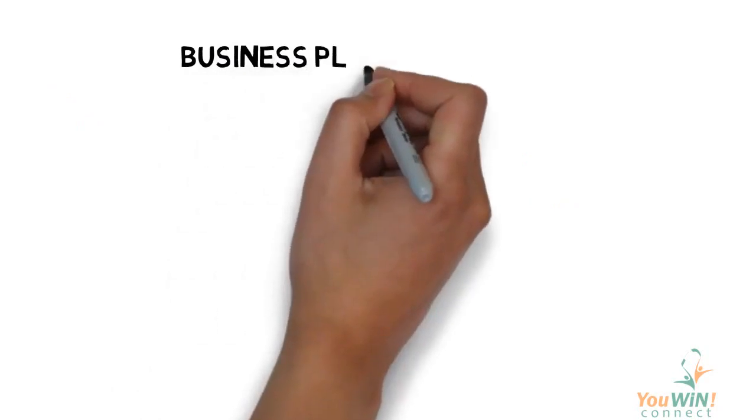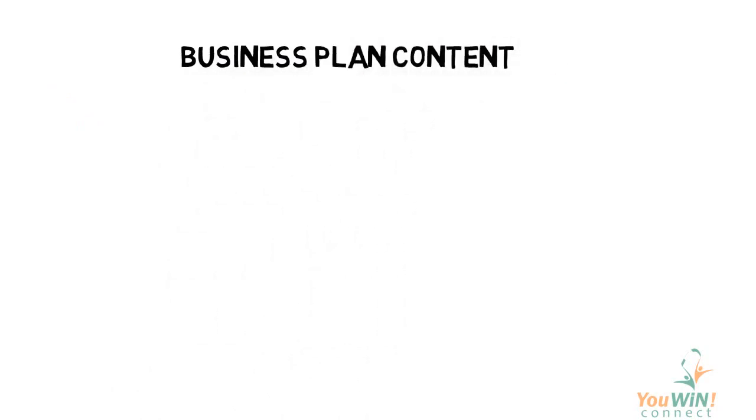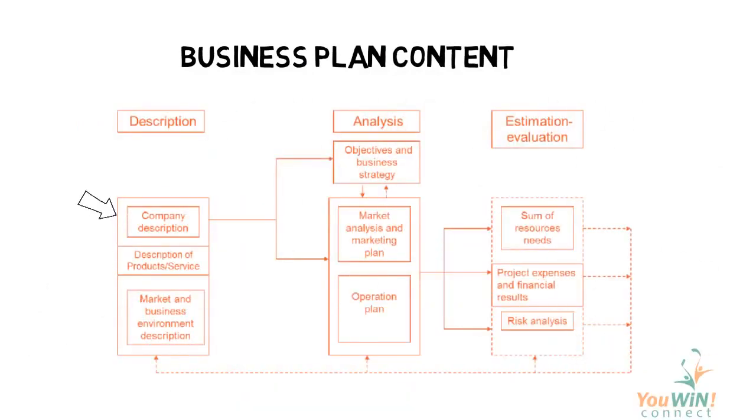Now, let's look at the content of the business plan. The first part of the business plan content usually includes a company's description, a description of the product and services of the company, and an analysis of the company, its products, and its market, so that the reader can clearly understand the company, the characteristics and the needs of the company's customers, its products, and who its competitors are.